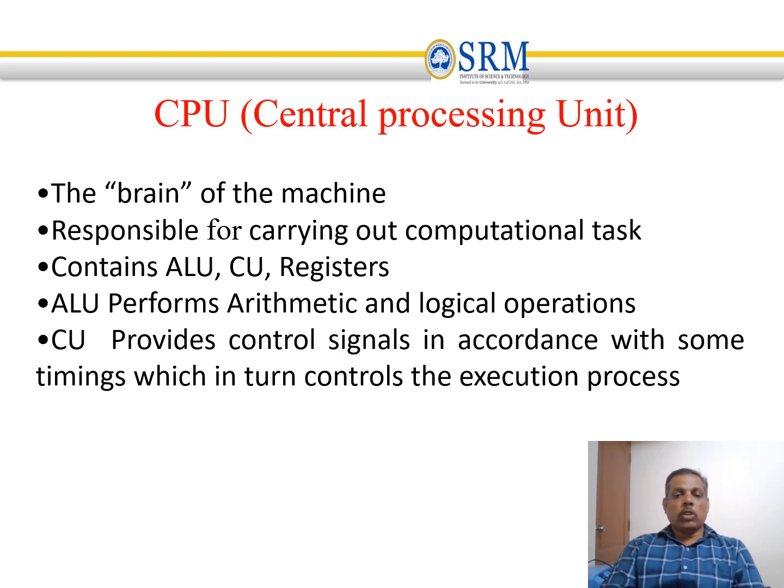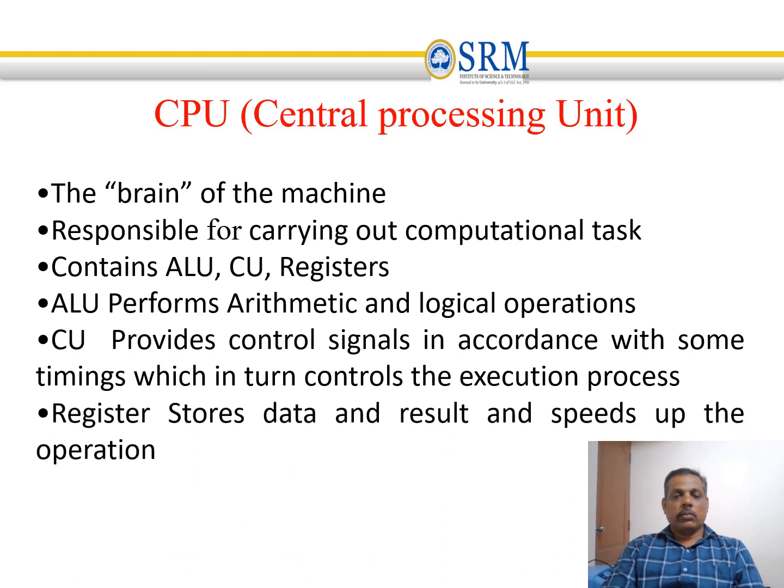The ALU performs all kinds of executions and the control unit provides control signals in accordance with timing and control. And registers are used for storing the intermediate results or final results and the input operands which are necessary for execution.